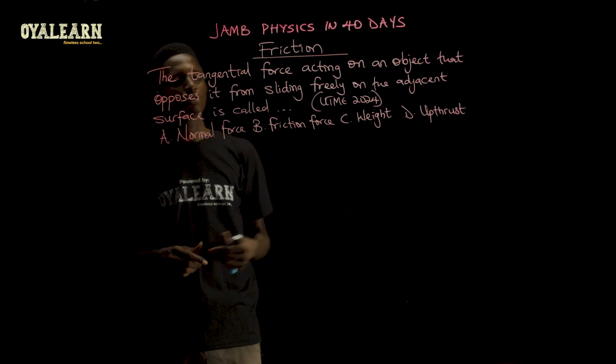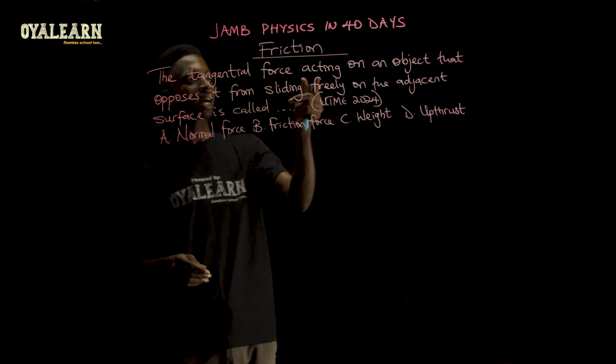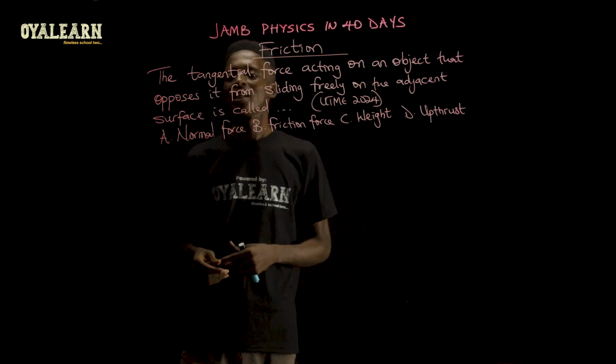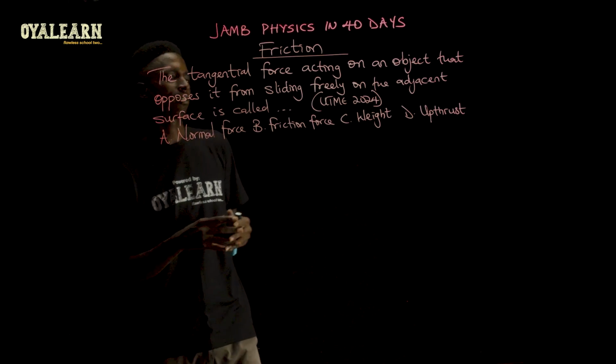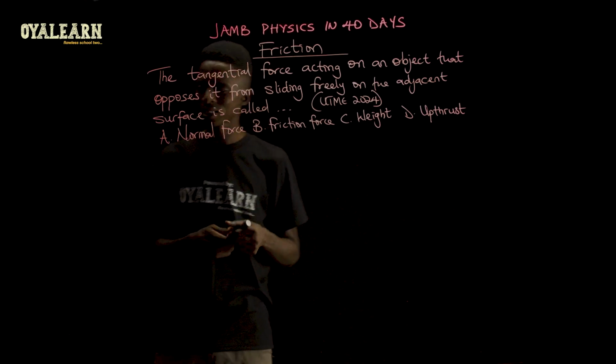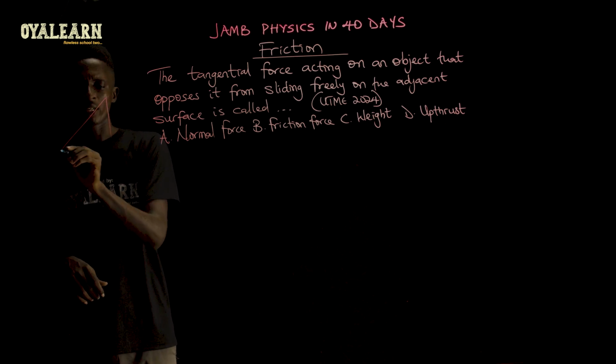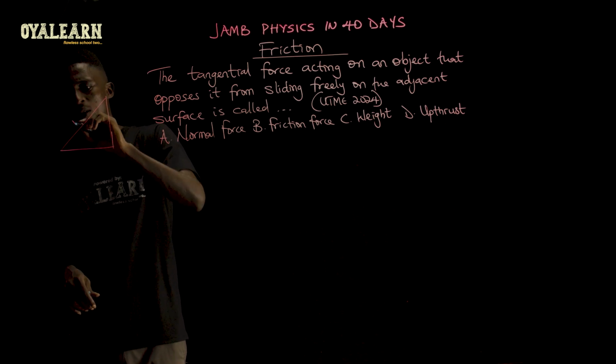This question from the UTME 2024 says the tangential force acting on an object that opposes it from sliding freely on the adjacent side is called... Now, to get an understanding of this, let's draw an inclined plane on which we have an object of mass m.